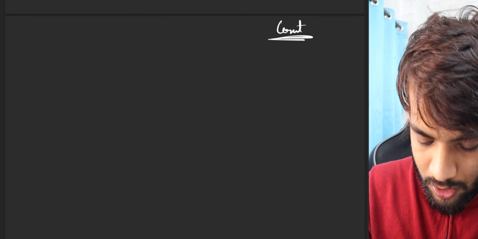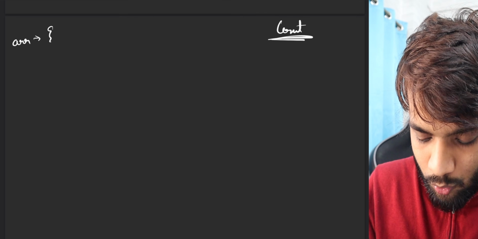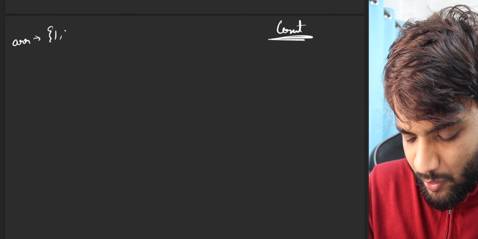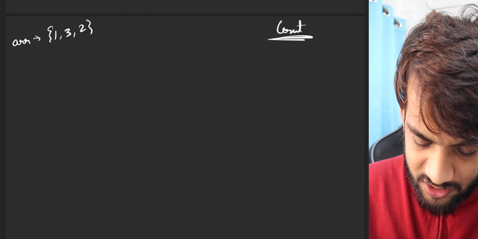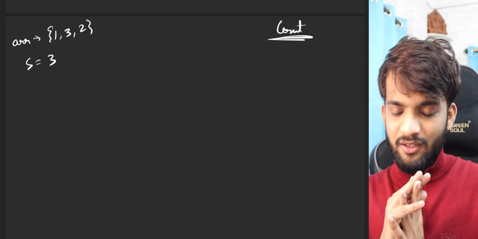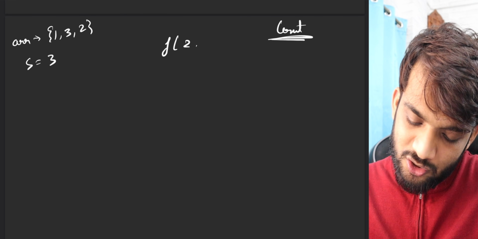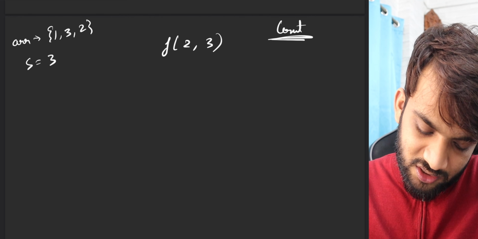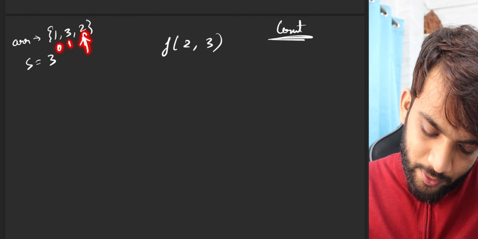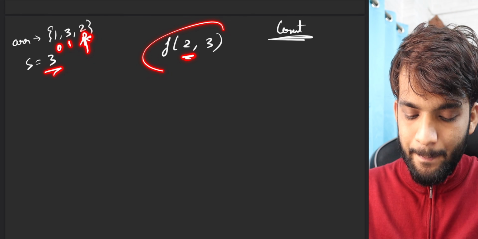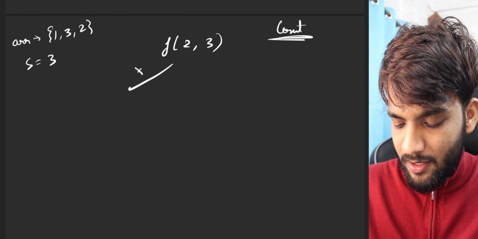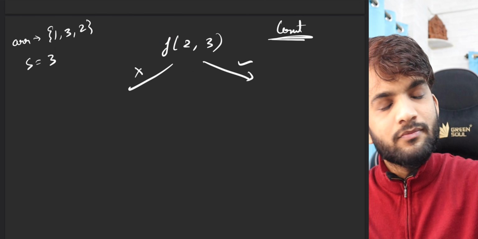How does that work? So let's take the array to be 1 3 2, and I'm looking for the sum as 3. So I've shrunk the array to this. So where do I start off with? I start off with index 2 and sum 3, because this is where I start off, which is the 0 1 2 index, and with the sum 3. What are the options? I say I'll not pick, or I say I'll pick, right?